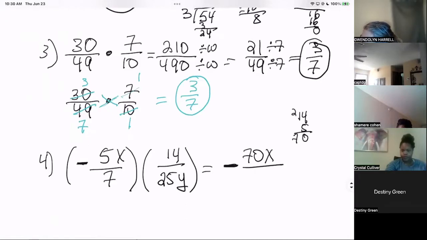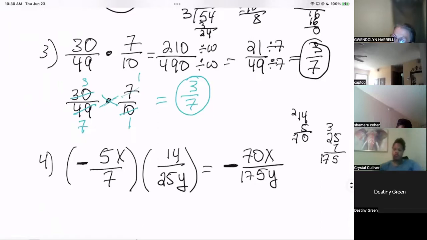I have 25 times 7. 25 times 7 is 175. There's a y in the denominator. I just bring it over, multiply across. So I have negative 70x over 175y, but I know I can simplify.